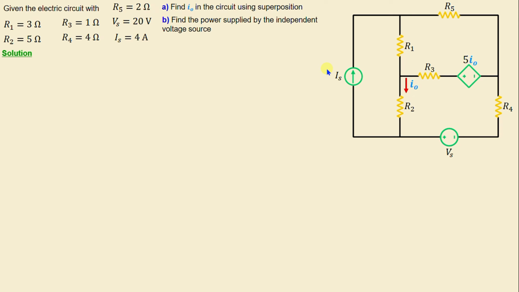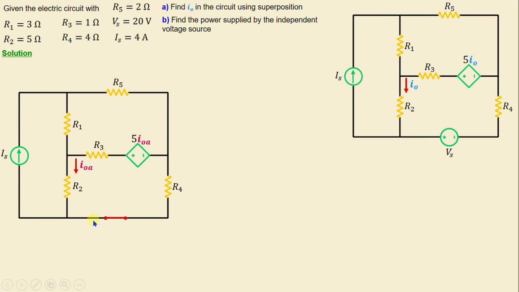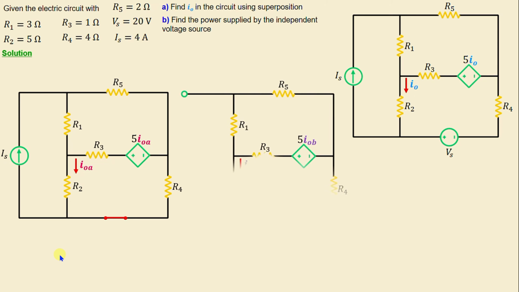Let's begin first by activating the independent current source Is and deactivating the independent voltage source Vs, which will be replaced by a short circuit. The next step is to consider the independent voltage source active and the independent current source inactive, which will be replaced by an open circuit.